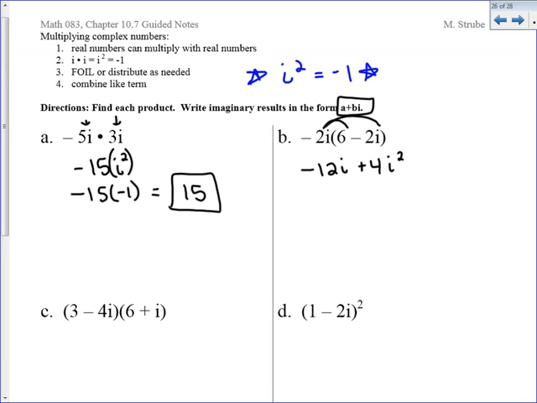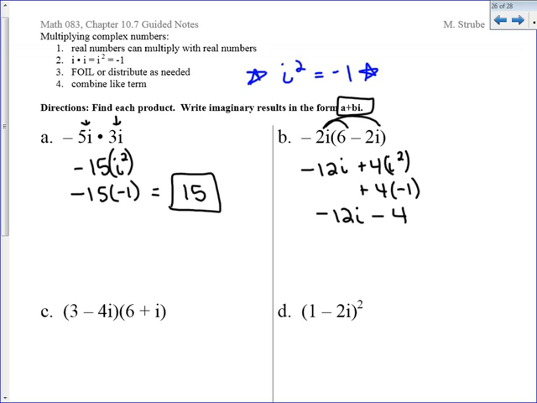And what can I change out in this answer? It's going to be 4 times negative 1. So we're going to replace that i squared with a negative 1. So I have negative 12i minus 4.